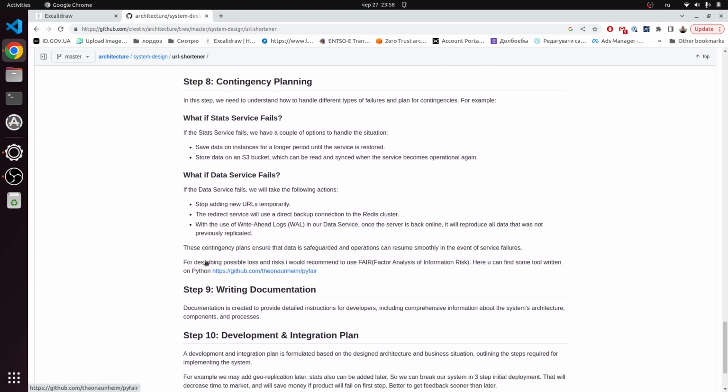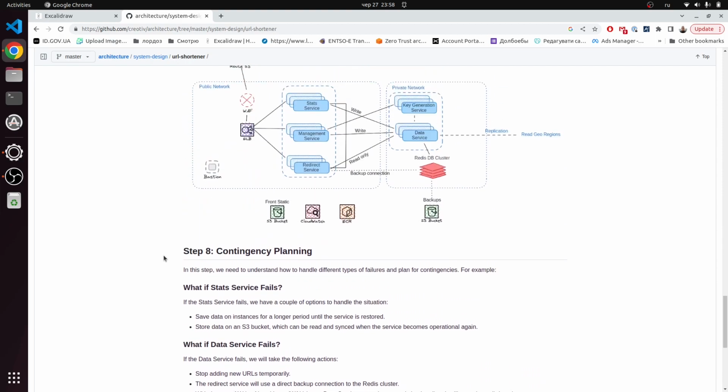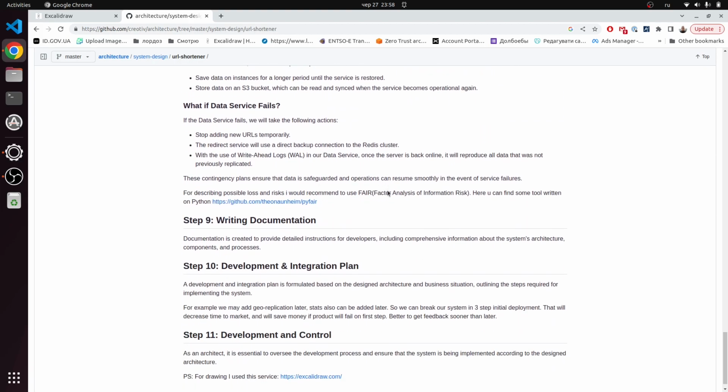Here you may also add some risks that you can't mitigate with a solution. For example, if someone hacks your system and steals part of your data or all your data, what will you do, what risks to money do you have, or things like that. For such things you can use Factor Analysis of Information Risk.